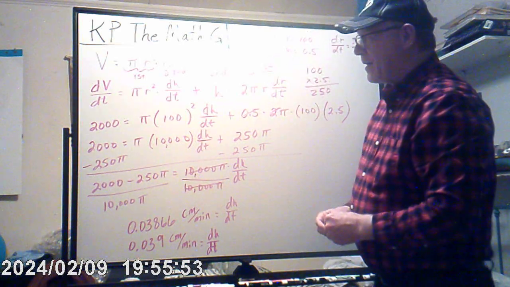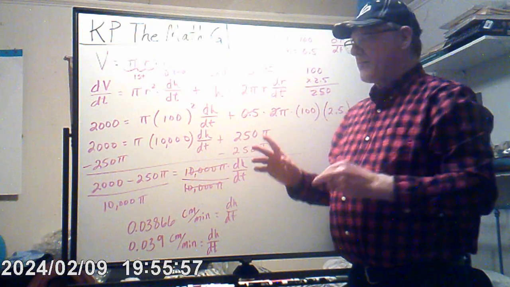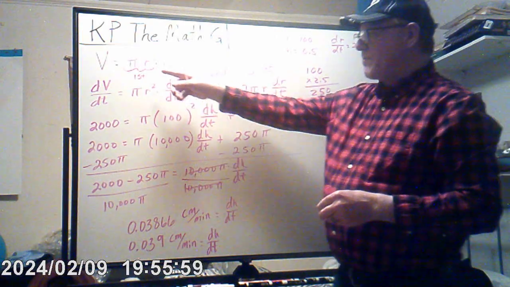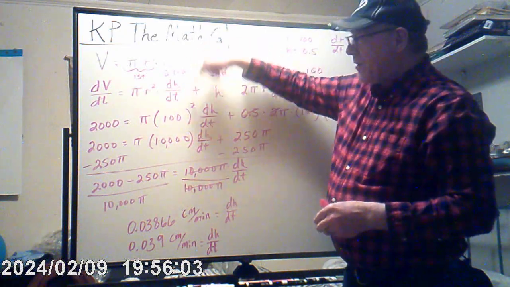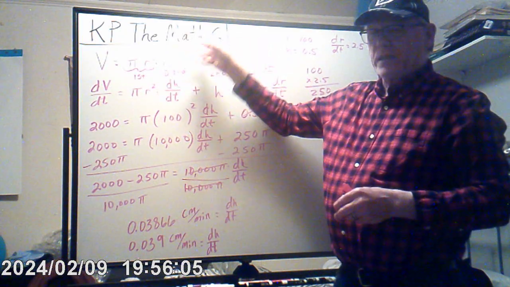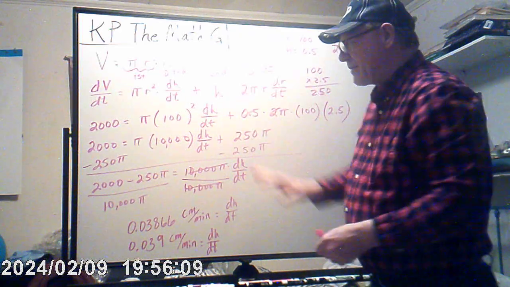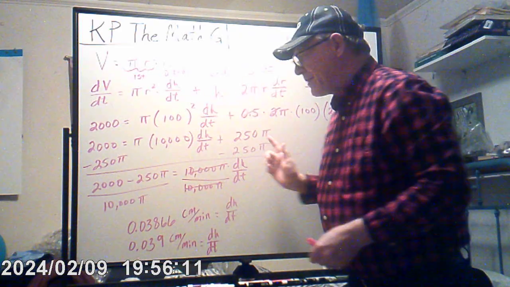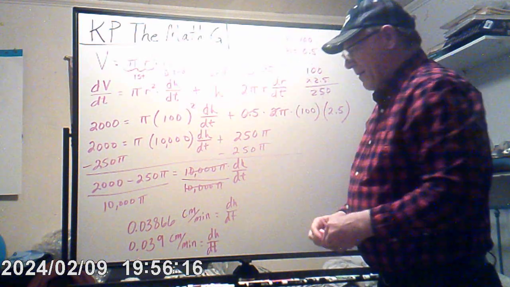Alright, there it is. Sometimes we do R over H equals R over H, or H over R is equal to H over R. You can do that, but don't do that here. You've got everything but dH over dt, and you can just go ahead and figure this out.